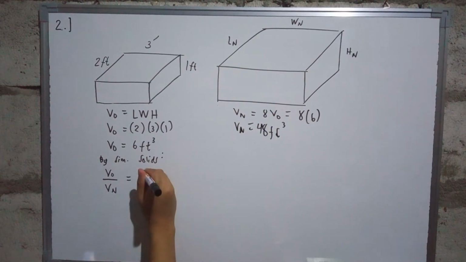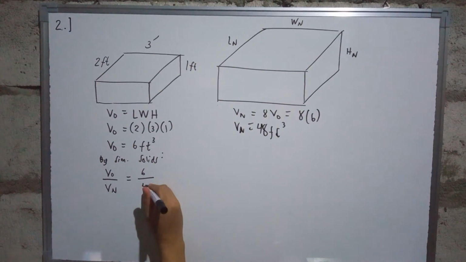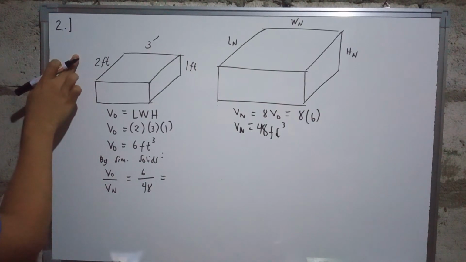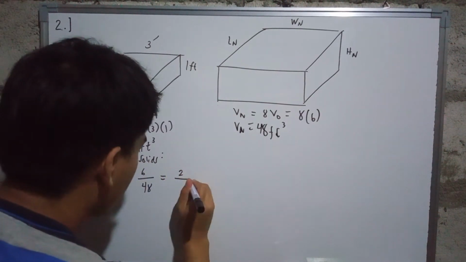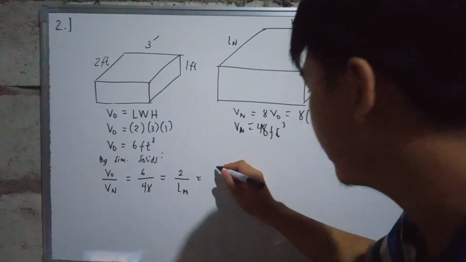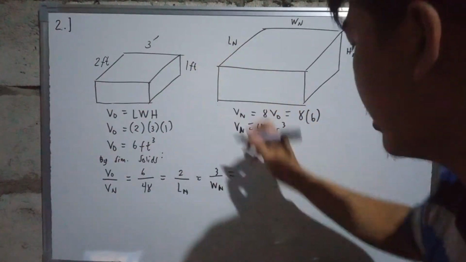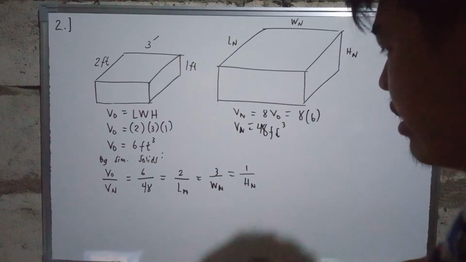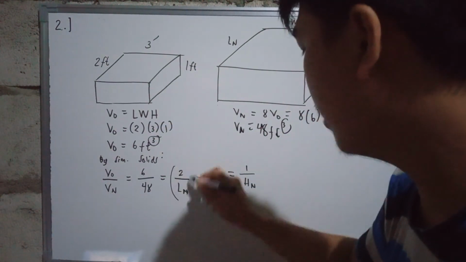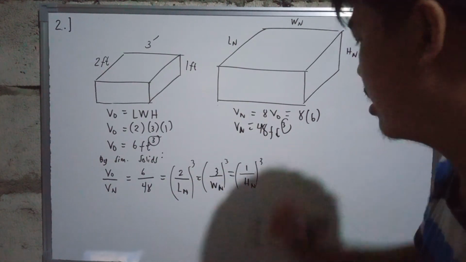So gawa tayo ng general dito, 6 all over, yung volume new natin is 48, equals, so pagpaparehas lang natin, yung L sub n natin or yung length natin is 2 all over L sub n. Yung width naman sa old box natin is 3 all over width sub n. Tapos yung height niya is 1 all over h sub n. Since volume yan naka-cube, so mangyayari yung mga sides natin is dapat naka-cube. So, ginawa ko lang siyang general.